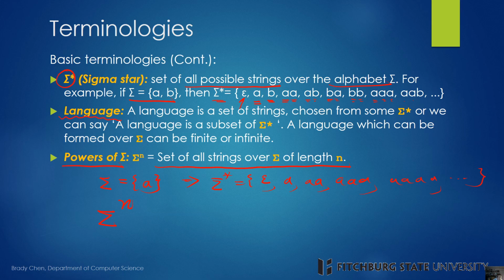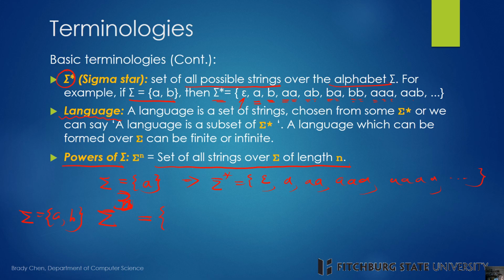Okay, so suppose sigma is A and B. Let's say n is 3, so sigma to the 3. That means it's the set of all strings over sigma of length 3.